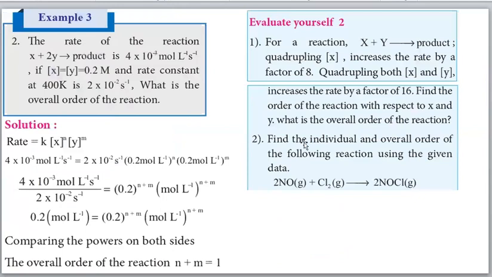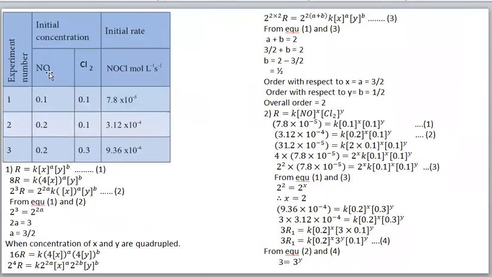See the second question, find the individual and overall order of the following reaction using the given data. For this equation, 2NO plus Cl2 gives 2NOCl. The data is given. See, this is NO concentration, this is Cl2 concentration, this is rate, initial rate, values are given.